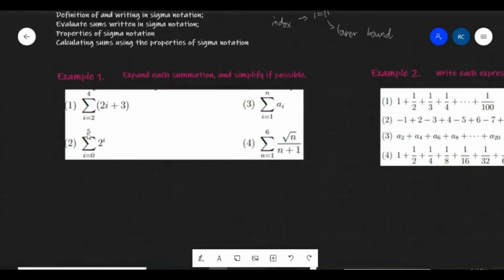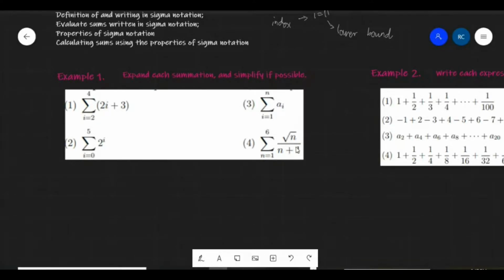Did you get my point? Nakuha niyo po? Yes po. Okay, sige nga. How about yung number 3? How among you wants to read number 3 given? Summation of a sub I from I is equal to 1 to n. Very good. Next, number 4. Any volunteer?